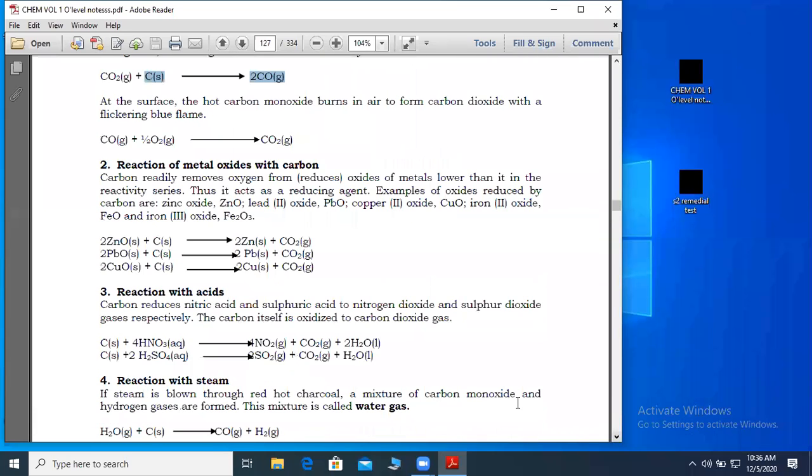Let us look at reaction of metal oxides with carbon. Now, metal oxides, carbon is a reducing agent. Who can tell me one gas that we looked at that is a reducing agent?